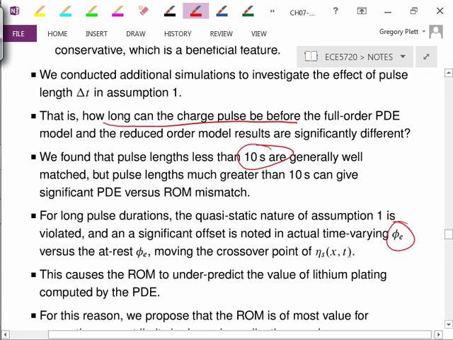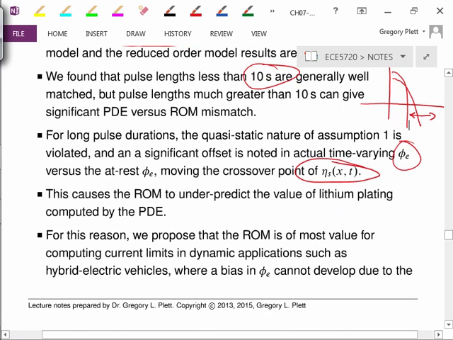And that moves this crossover point. And when that crossover point moves, remember the phi s, the overpotential looks like that. And if I change something so it moves like that instead, I'm integrating the loss of lithium over a larger region in the electrode. And then the reduced order model begins to underpredict the value of lithium plating. So that's not very good.